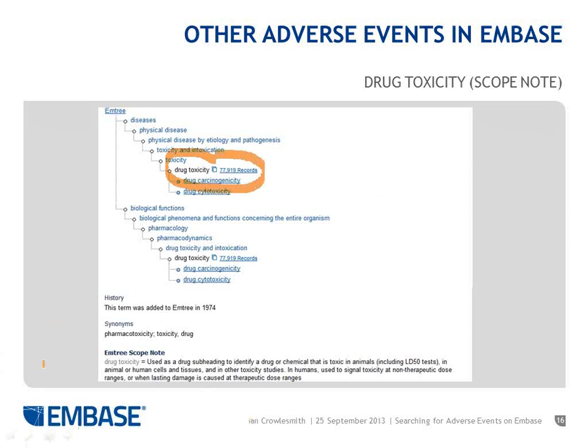And this is defined by a scope note at the bottom. And the key difference is that drug toxicity on Embase is used for studies which are carried out at non-therapeutic doses, as you can see here, which usually means that they're carried out in animals or sometimes in vitro.